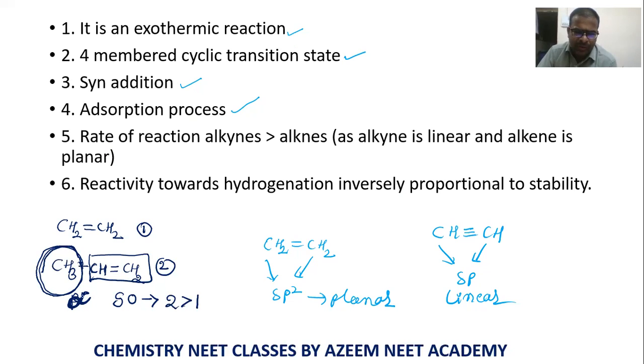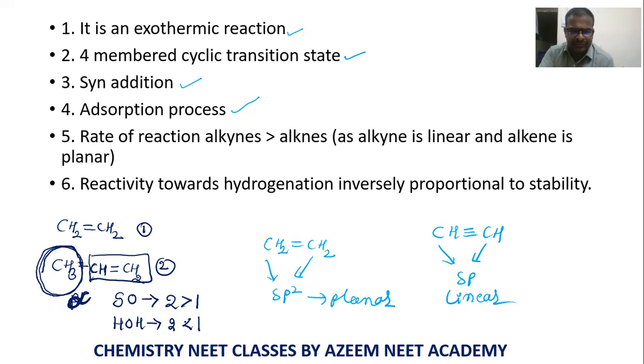Why? Because larger the number of alpha hydrogens, larger will be the hyperconjugation and larger will be the stability. But heat of hydrogenation, meaning the amount of energy released during the hydrogenation, will be least for the stable one. So 2 will be less than 1. Understood everyone, students?